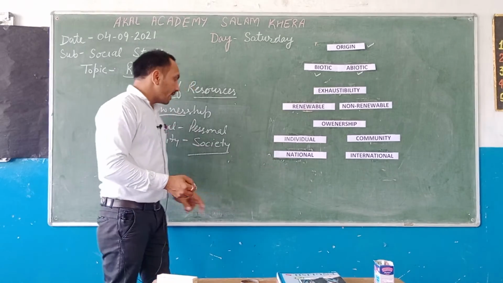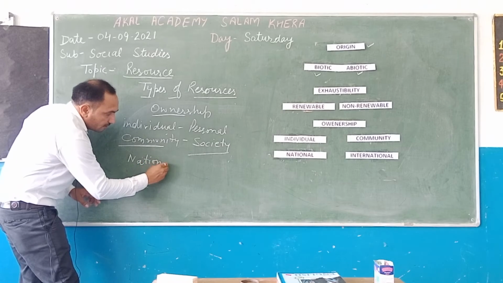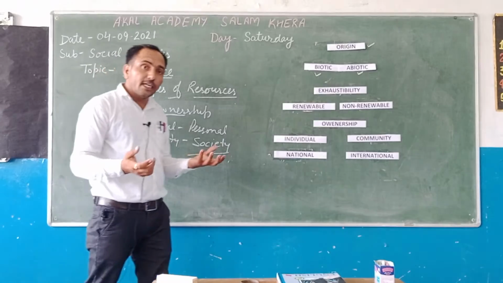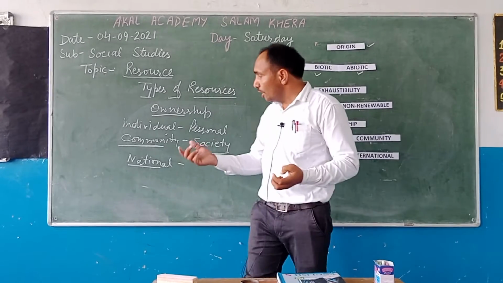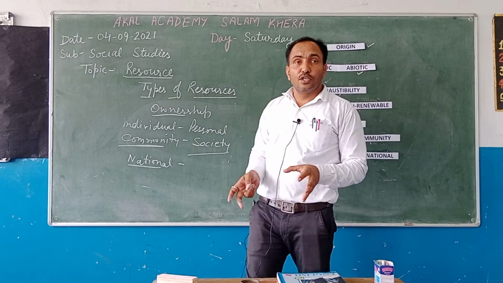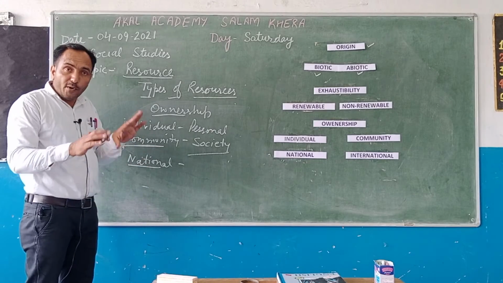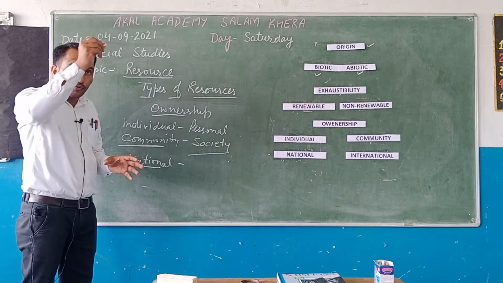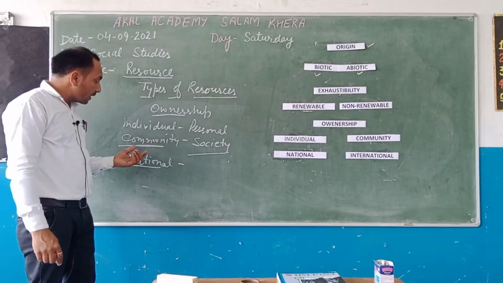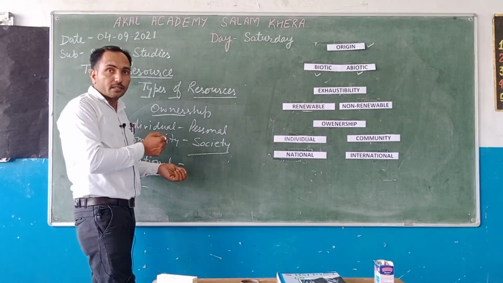Third is national. The word national comes from nation. We are citizens of India. So resources found within Indian boundaries are known as national resources. We have a political map of India. Whatever things are found within the boundary of the political map of India are nationalized resources, the resources of the Indian government.